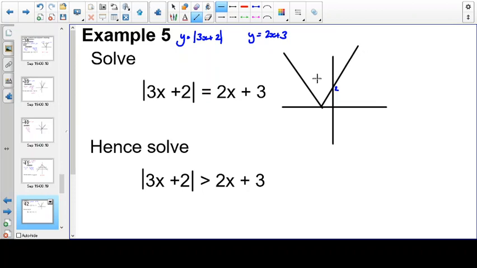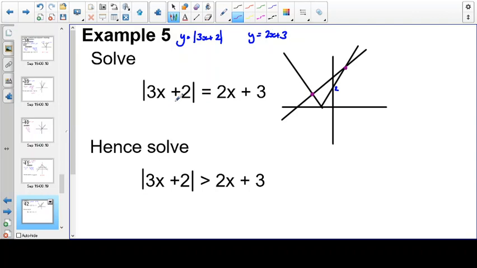So if you think about where it's going to go through 3, and then it needs to not be as steep, which means it's going to cross. So maybe something like that. So we've got 2 points of intersection, there and there.